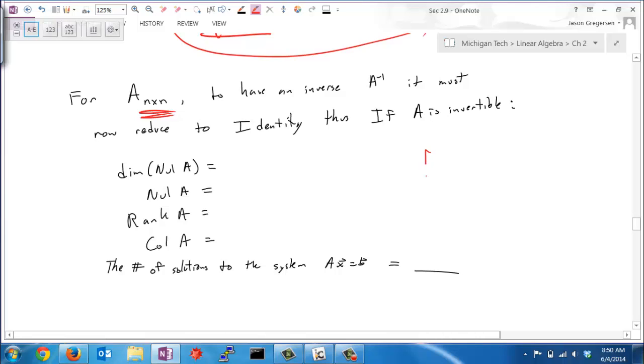So I have n. It's an n by n matrix. And we'll call ours a 3 by 3. And it's invertible, which means when I do the row reduction, when I put it in reduced row echelon form, it's going to look like this. So in that case, what would the dimensions of the null space be?